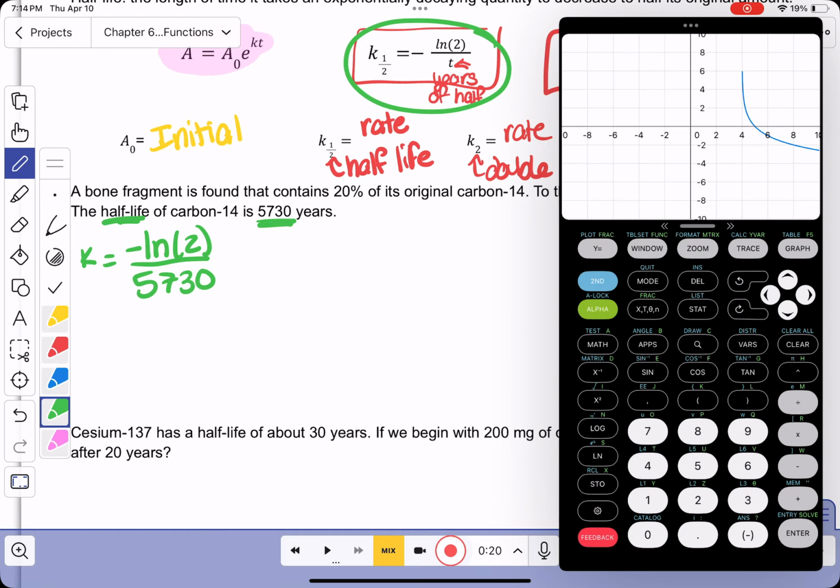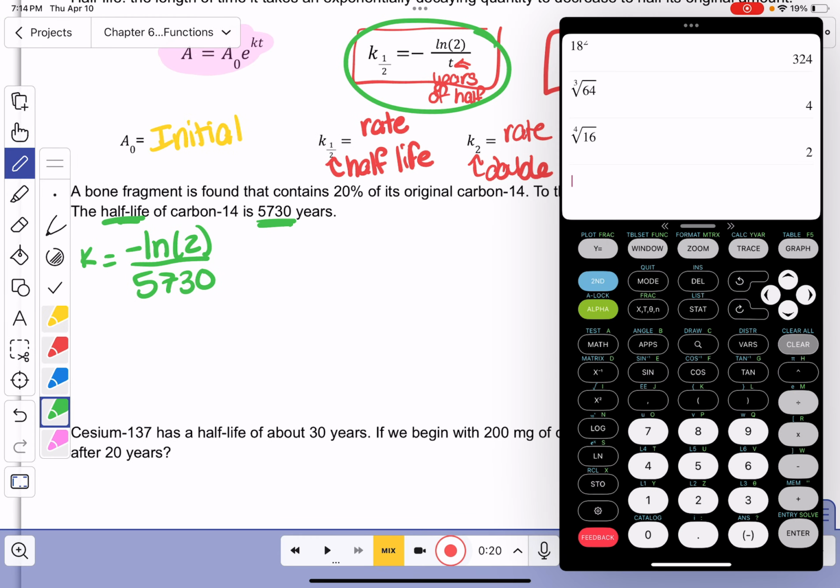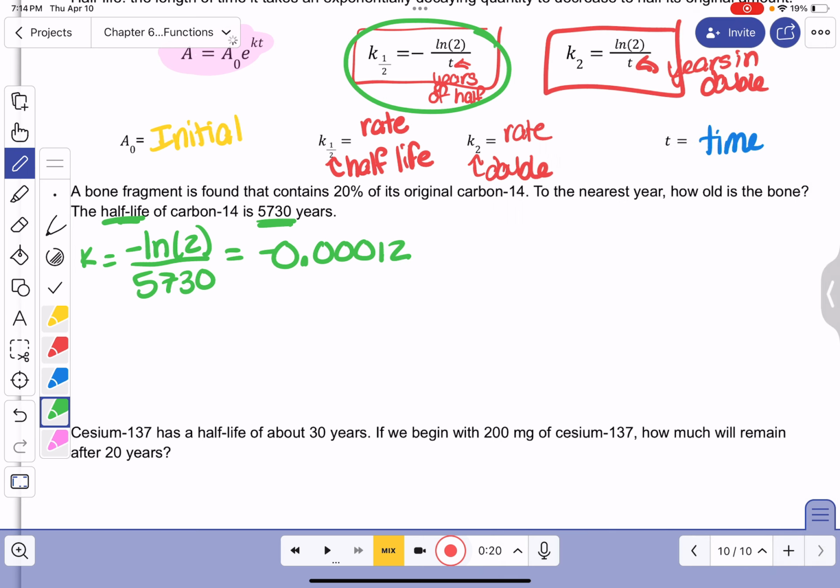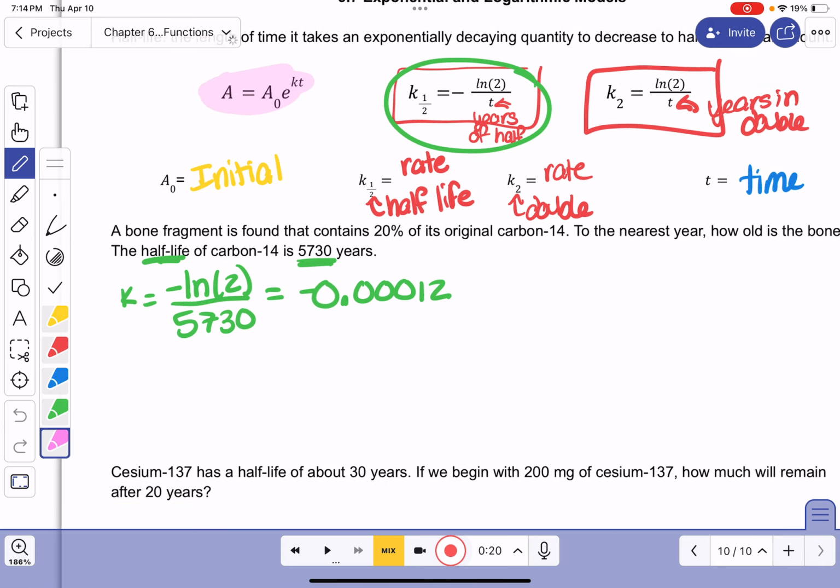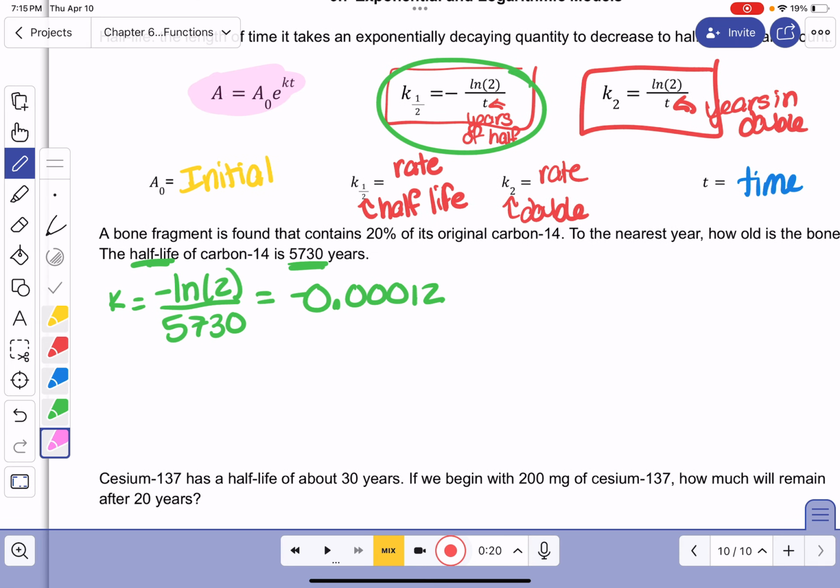If I type that in the calculator, negative ln of 2 divided by 5,730, I get negative 0.00012. So we're going to use that as our K. Now we're going to fill out the equation. So it contains 20% of its original carbon.